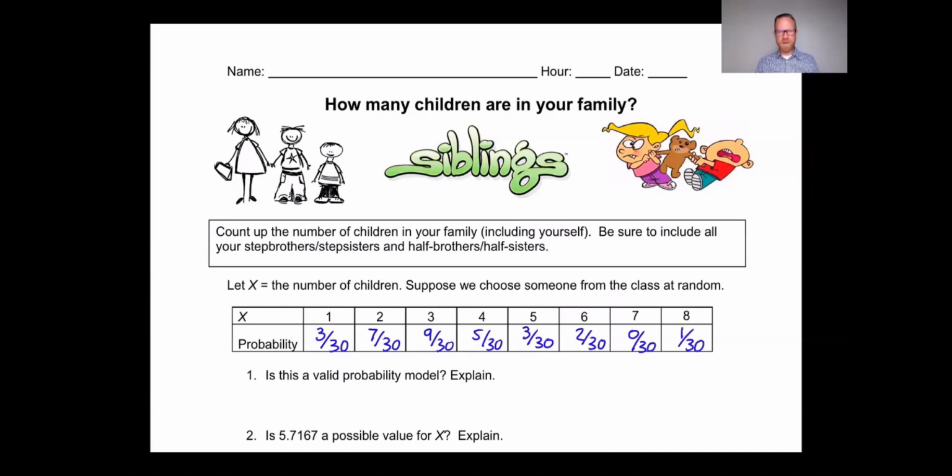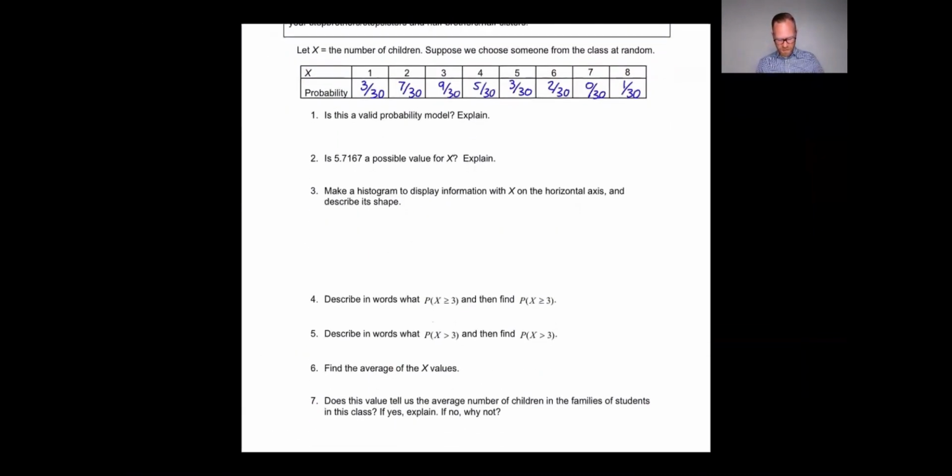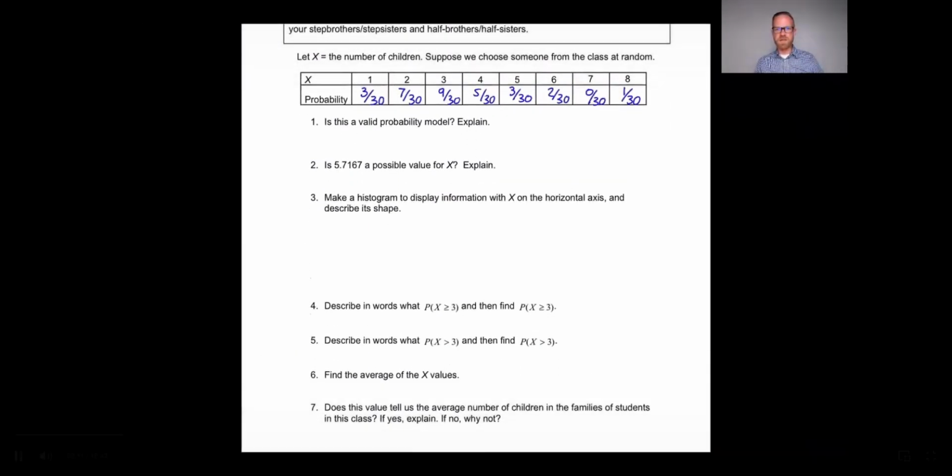So those are the values that you can use in order to work your way through the activity. You have everything that you need in order to work through question number 7 here.